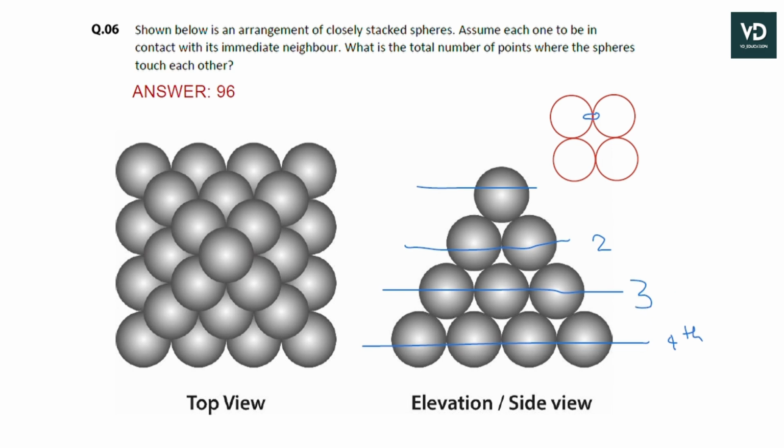And after calculating the top view with the elevation, we can see जो 3 spheres हैं एक दूसरे को 3 places पे contact कर रहे हैं. Yes. So after calculating all the touching area, the total number of touchable surface will be 96 here. Okay.